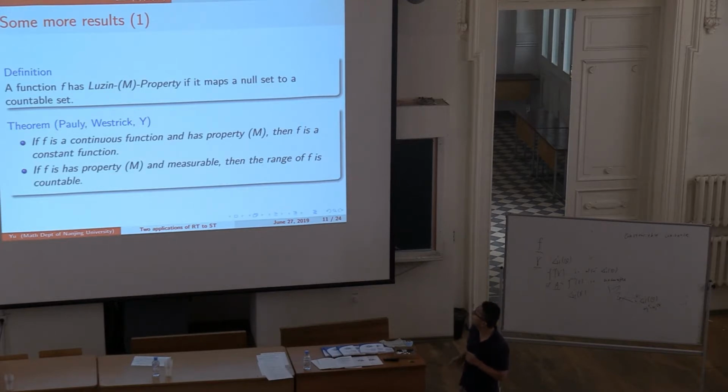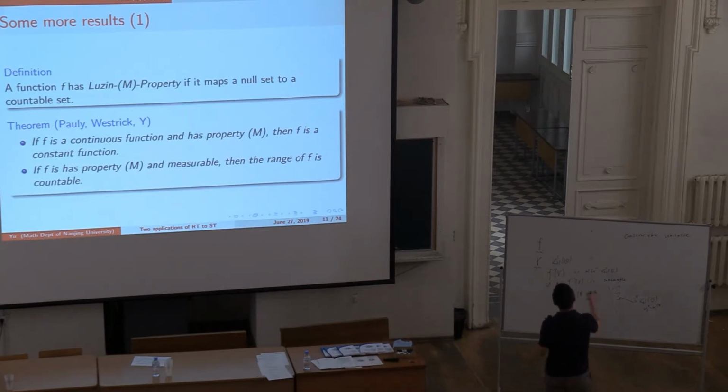Then we can prove there is no non-trivial continuous function. If f is a continuous function that has property M, then f is a constant function. It can also be proved by a recursion theory argument. This time we don't use randomness, we use genericity, covering reals.